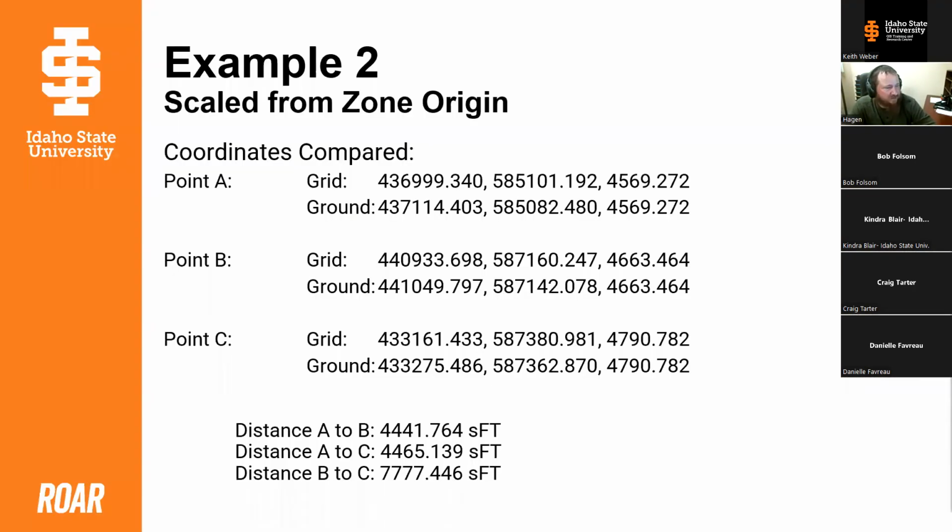If you apply the scale factor and compare the coordinates, you'll see that the coordinates have shifted north and westerly. The ground distances remain the same because the scale factor is the same, but the shift in the coordinates is pretty significant.